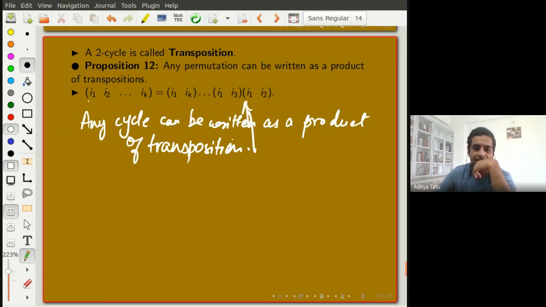So any cycle in general, I can write as I1 to Ik. This is a k cycle. How do I obtain this cycle as a result of taking a product of transpositions? I1 goes to I2, that's here. What about I2? I2 goes to I1, right? What will the next transposition do to I2?